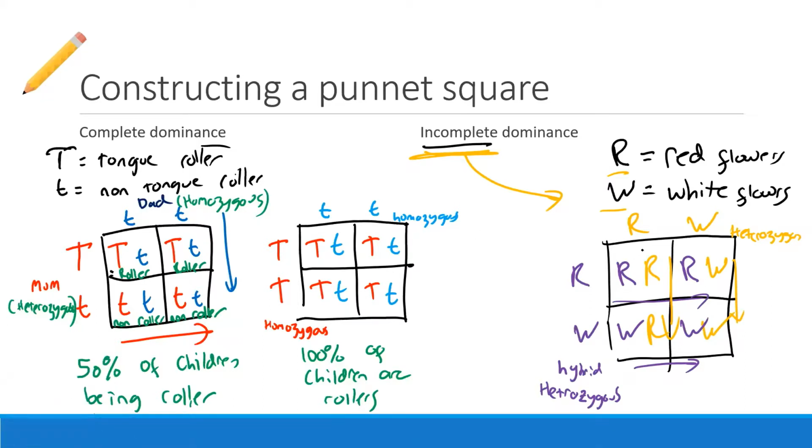Can someone tell me what color is this flower in the top left? What's that going to be? What color is that flower? Red. And what's the chance of that flower showing up? What's the probability? 100%?